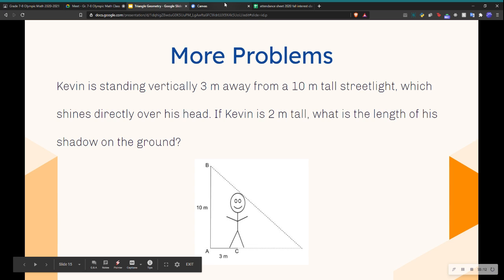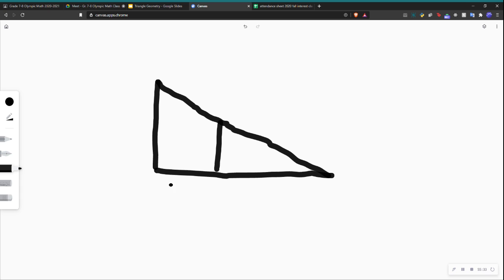Let's take this up. It's a bit of a challenging problem for you guys. Or maybe not, we'll see. Okay, so let's draw this diagram. We're going to just represent Kevin as a line now instead of a stick figure. So this distance is 3 meters.